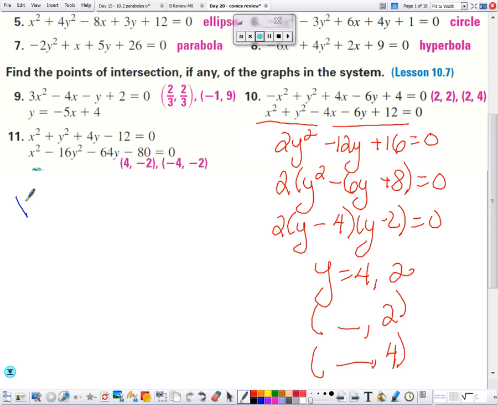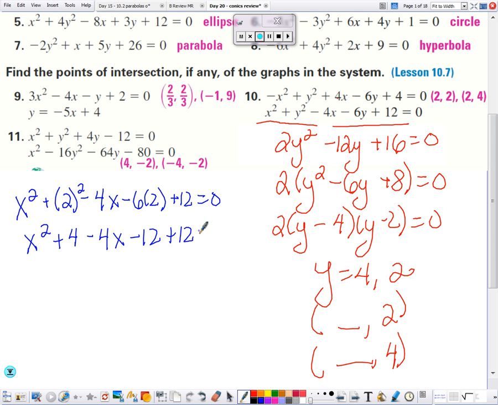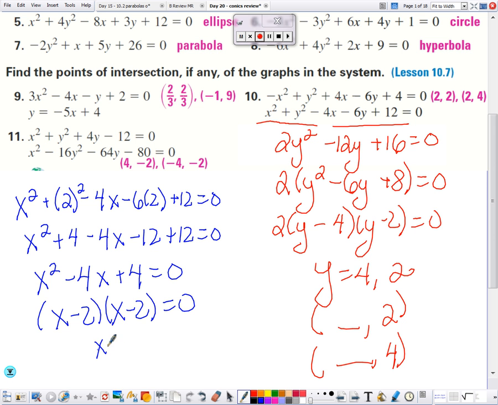So I'm going to plug in 2 for y. Combining my like terms here, and I'm going to write it in standard form. Now we can factor. We get x is 2.